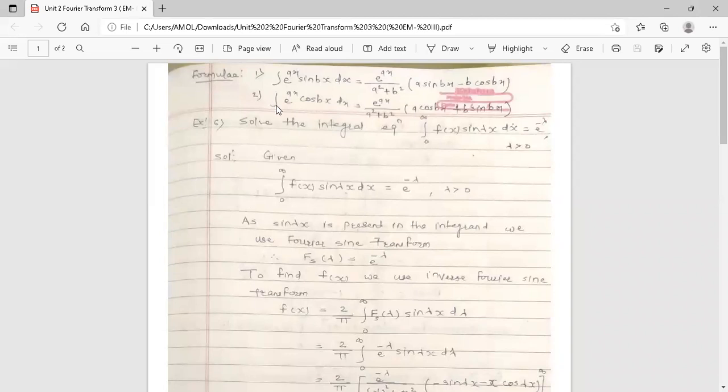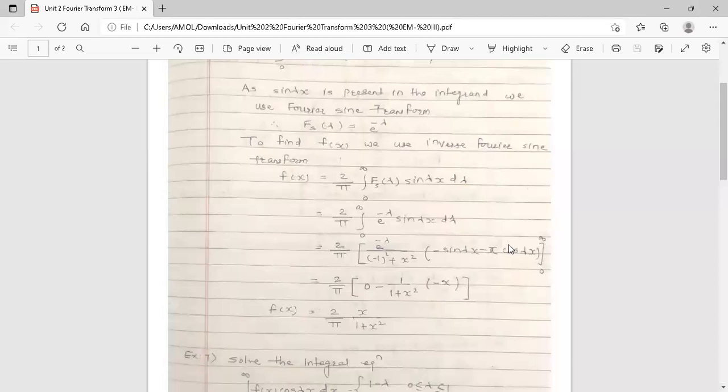And the second formula: integration e raised to ax into cos bx dx is equal to e raised to ax upon a square plus b square into a cos bx plus b sin bx. So we are going to use this formula here.